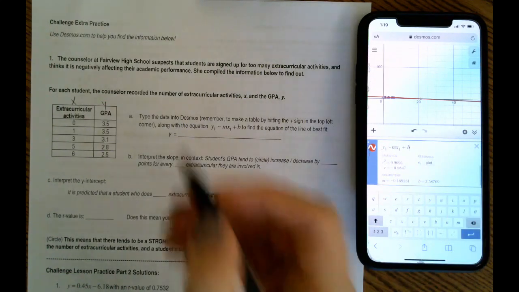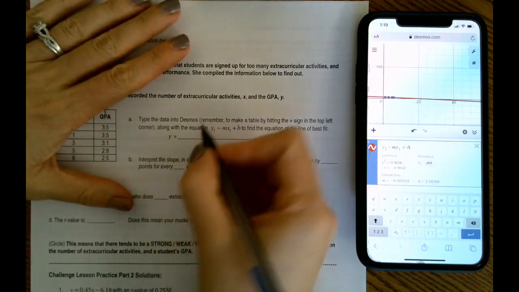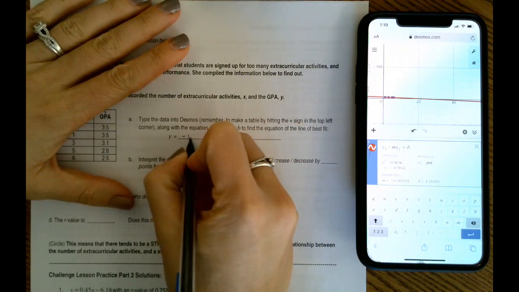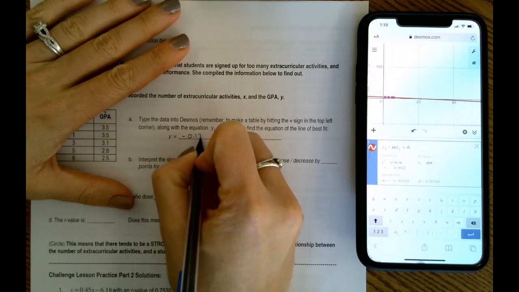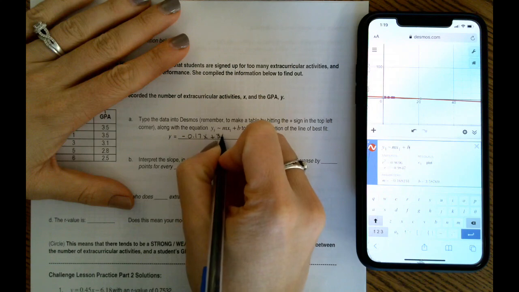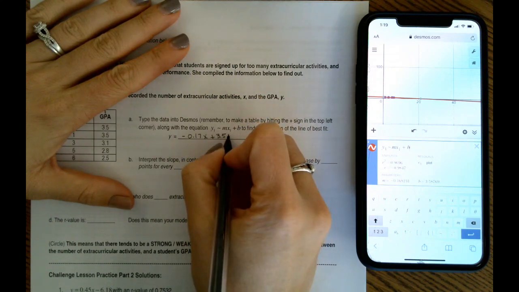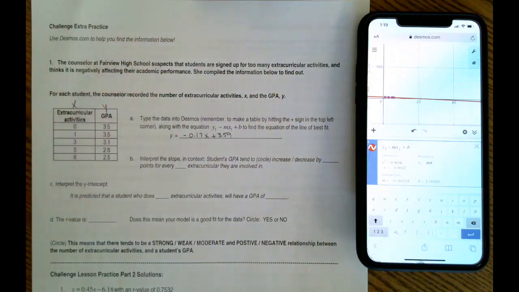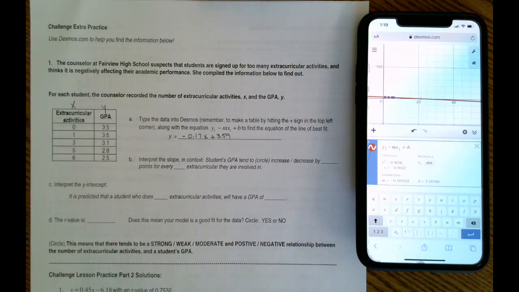Okay, and that gives us our y-intercept and our slope. We're going to round to 2 decimal places here. Okay, so there is our equation.